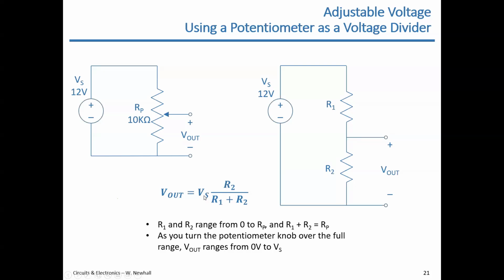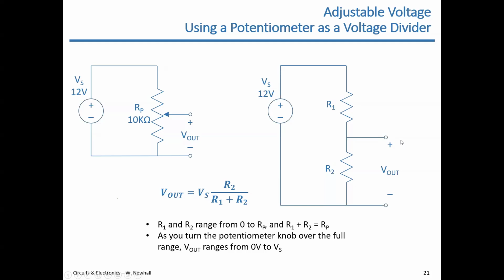Multiply that by Vs. That means V out goes from 0 to 12 volts. So as you turn the potentiometer knob over the full range, V out ranges from 0 volts to 12 volts, or Vs here. So this is a way to create a variable voltage.